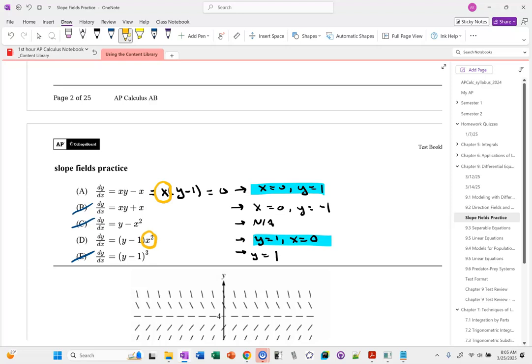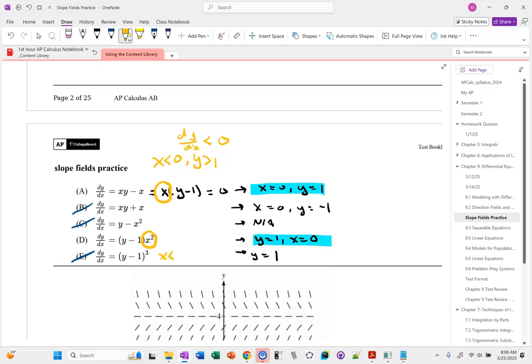So for this one, if x is negative but y is greater than 1, the slope then should be negative. Everybody agree with that? You guys agree? You see what I'm doing?